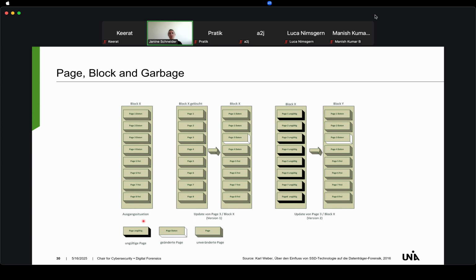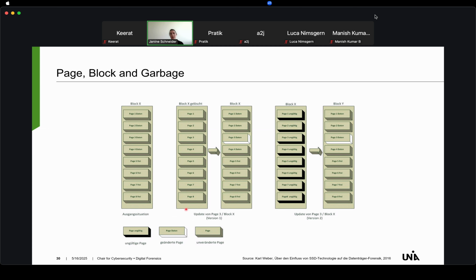If we wanted to delete a page here, we would have to delete the whole block. So we cannot delete the content of one single page, but we can write it. And for writing, there are 4 strategies.